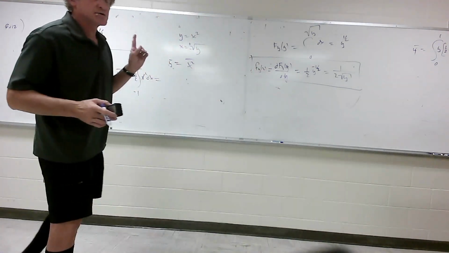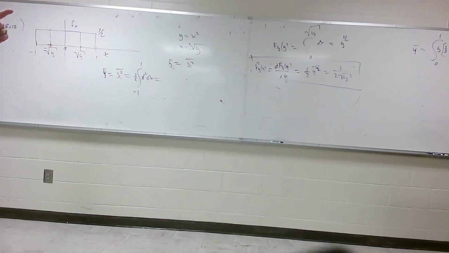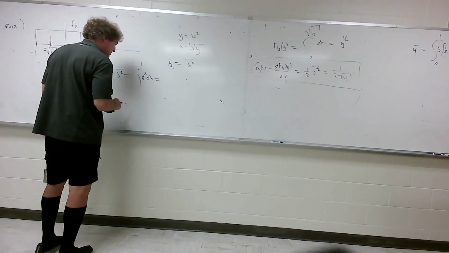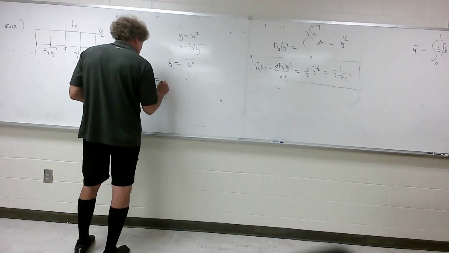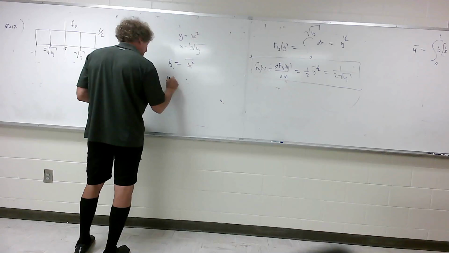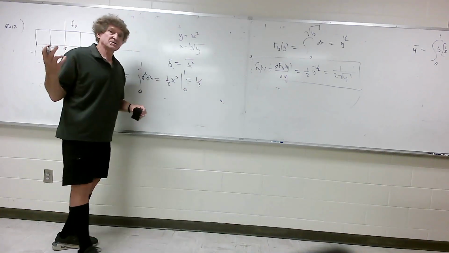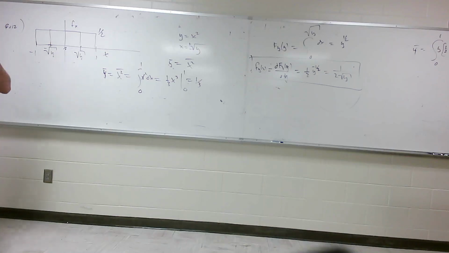An even function integrated from -a to +a is just twice the value of the even function evaluated from 0 to a. So I just get rid of this 1/2, I make that 0. And now that is going to be 1/3 x cubed from 0 to 1, or 1/3.